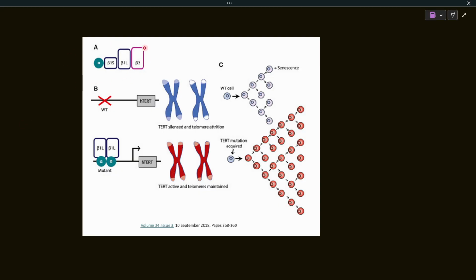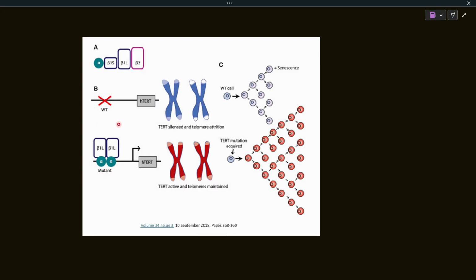So this GA binding protein can bind to the promoter of the mutated TERT gene. So this promoter is mutated. It has the C250T mutation and the C228T mutation, cytosine to thymine. If those mutations are seen in the promoter region, then this DNA binding subunit will bind to that mutated region, and the beta 1L subunit will be bound to it.